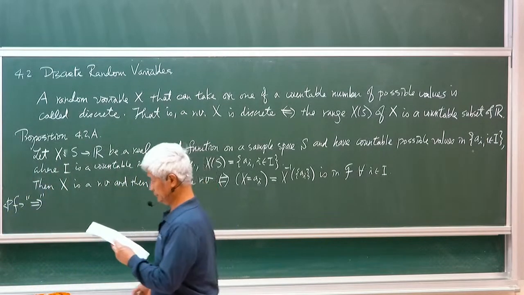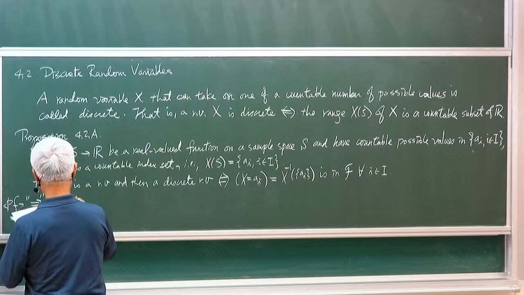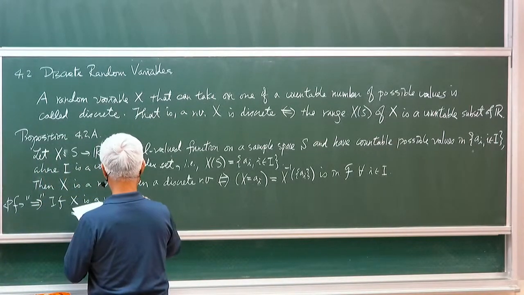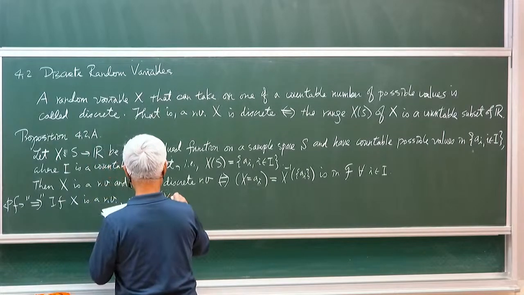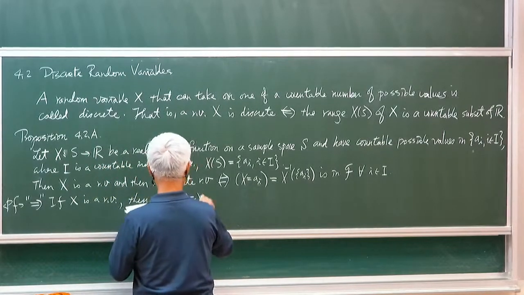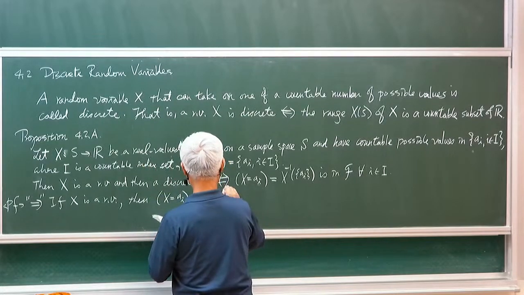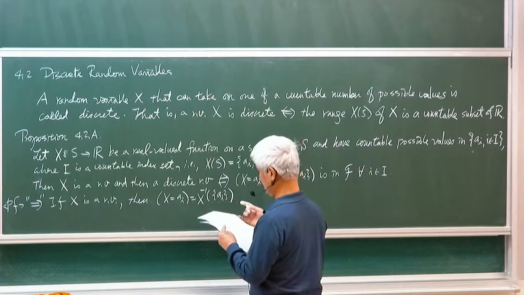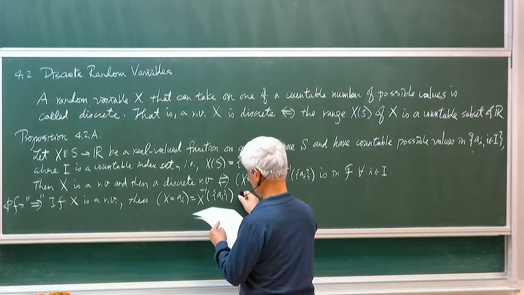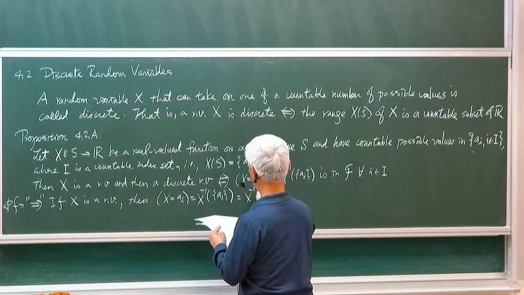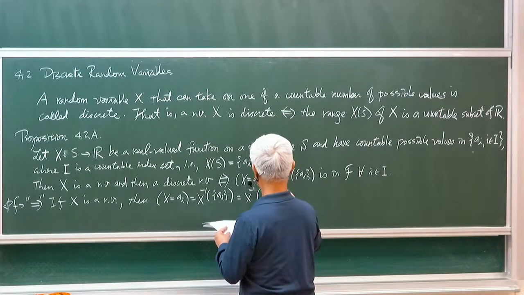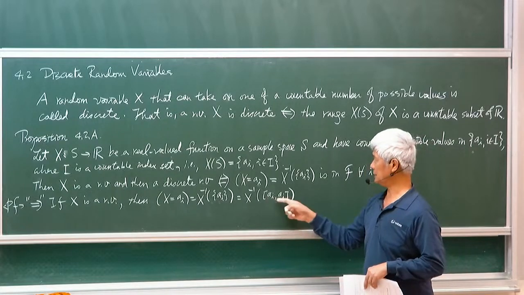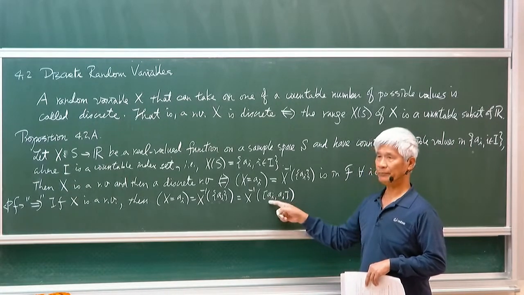Forward direction. If x is a random variable, then x equal to a sub i, as we know, is just the inverse image of this singleton consisting of a sub i. And this is actually the inverse image of an interval, a closed interval with the same endpoint.